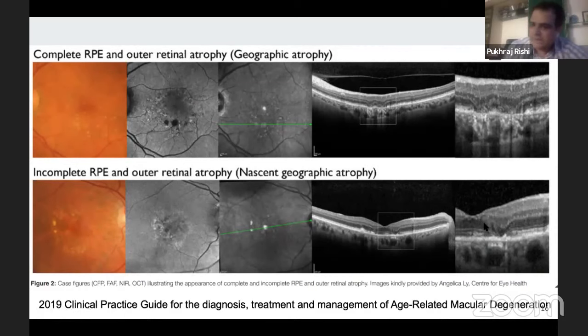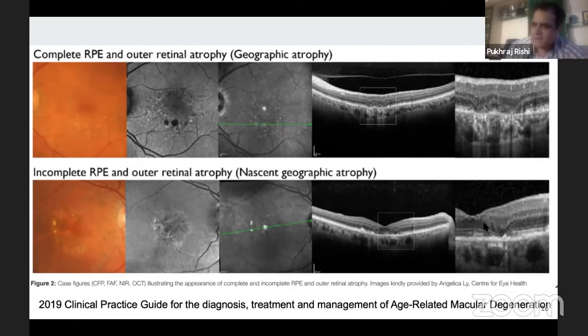So the upper one denotes a complete RORA or a geographic atrophy, and here where the OPL does not reach all the way to the Bruch's membrane is incomplete RORA. So those are the two entities we need to know. Quantitatively, it should be more than 250 microns in diameter to be termed as CRORA.